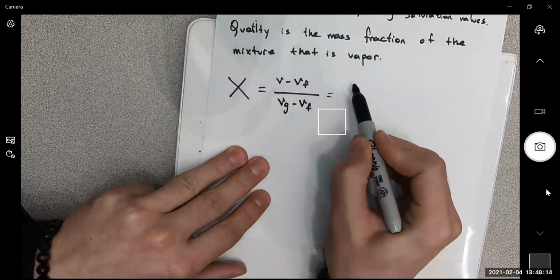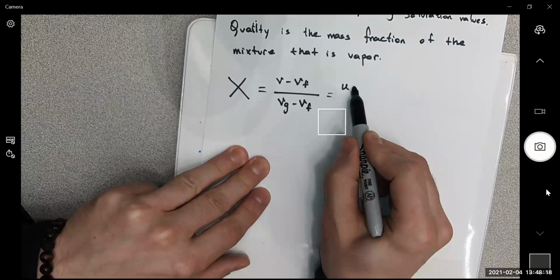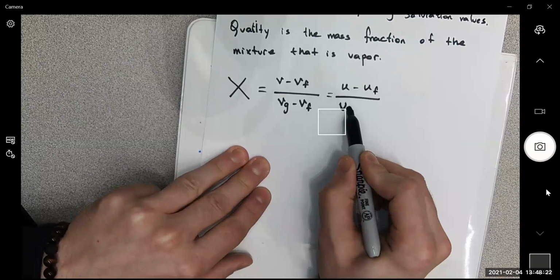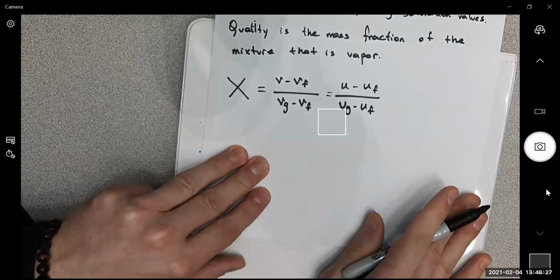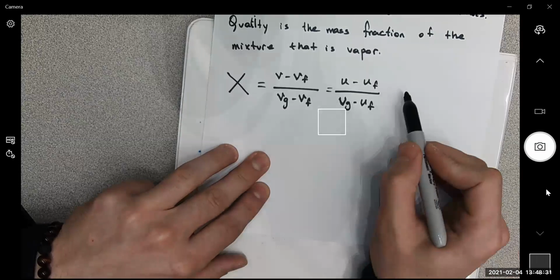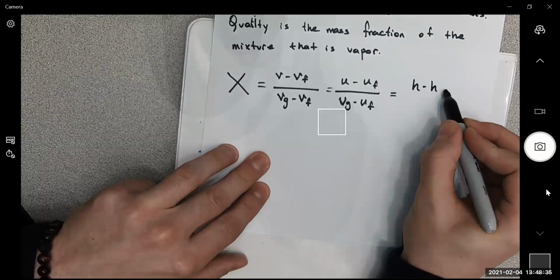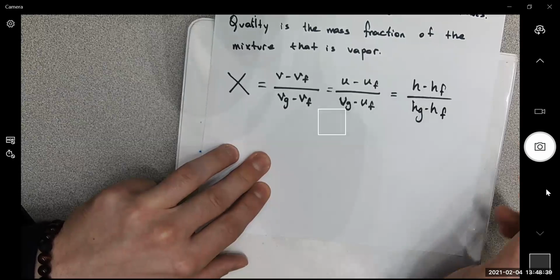If I have internal energy as a second known property, it's U minus UF over UG minus UF. If I have enthalpy, it will be H minus HF over HG minus HF.